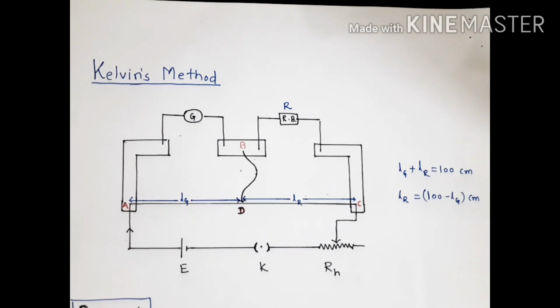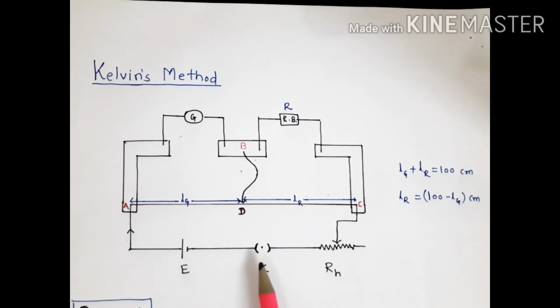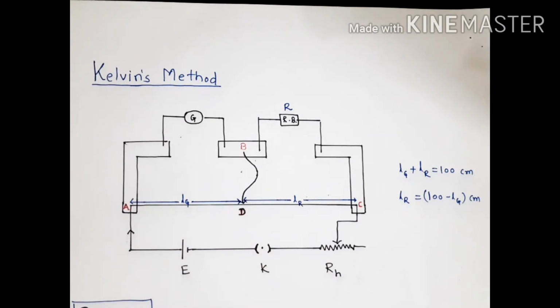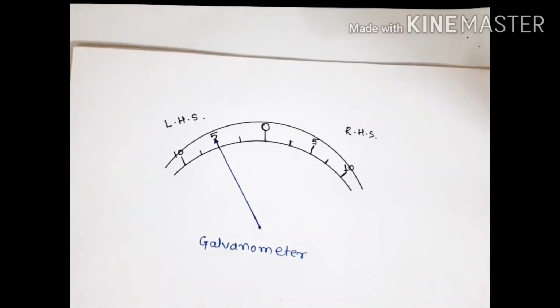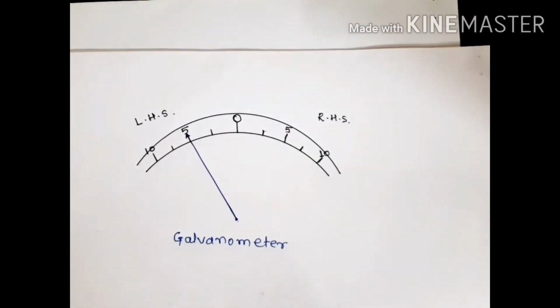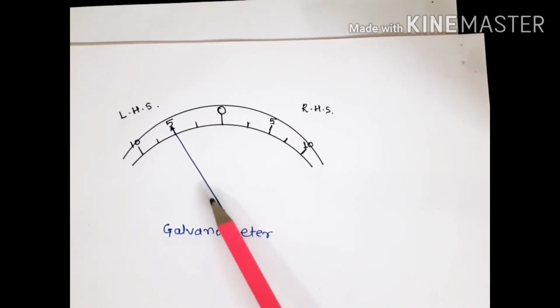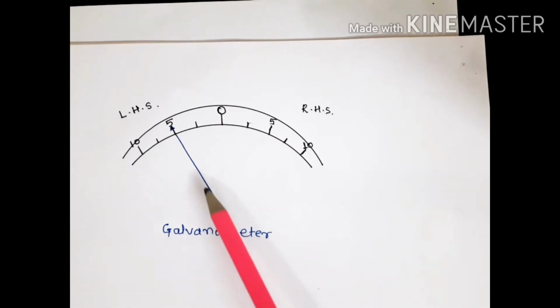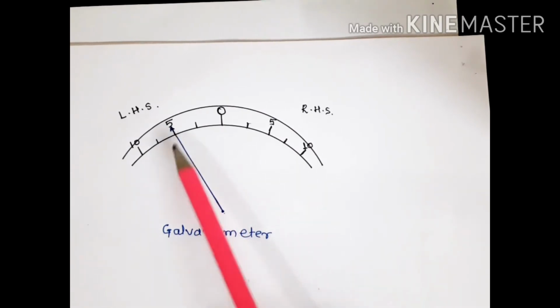Before going to the principle, we must know what is meant by same deflection. Before touching the jockey to the meter bridge wire, first close the plug key K, don't touch the jockey to the wire, and note the reading shown by the galvanometer. For example, by taking a suitable resistance from the resistance box, suppose the galvanometer needle indicates the reading phi on the left hand side of the zero.